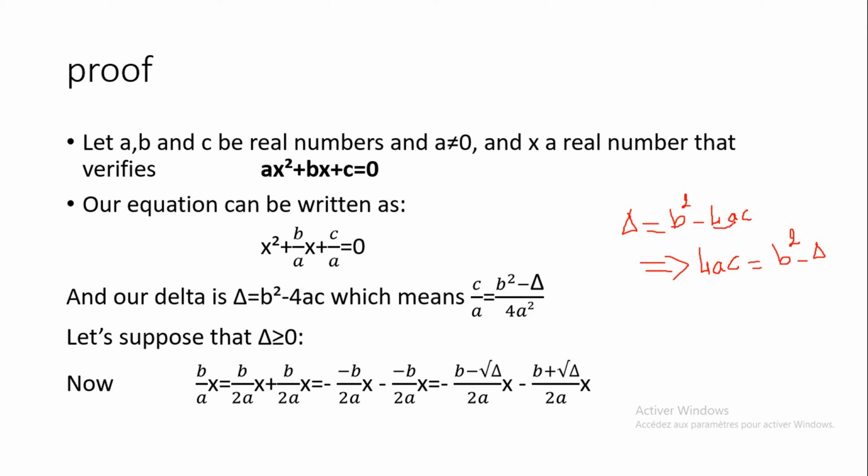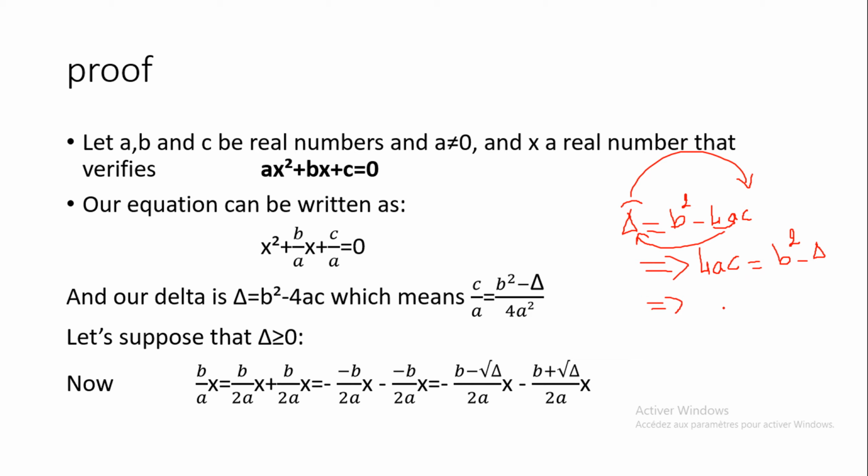We took this here, so the minus becomes plus here, and we took delta here, then the plus becomes minus here. So 4ac equals b squared minus delta.